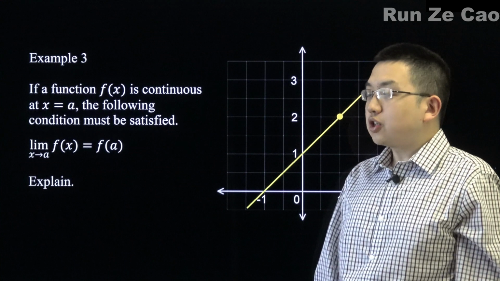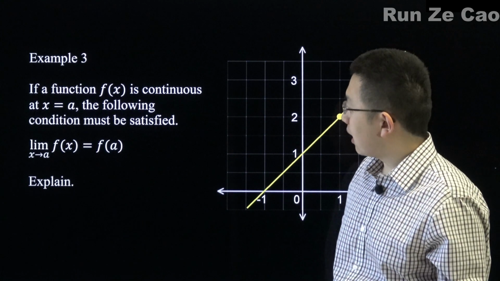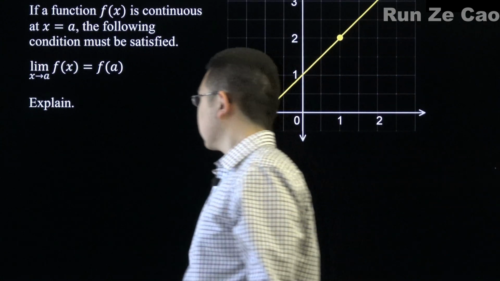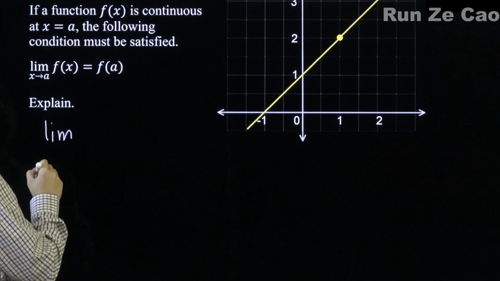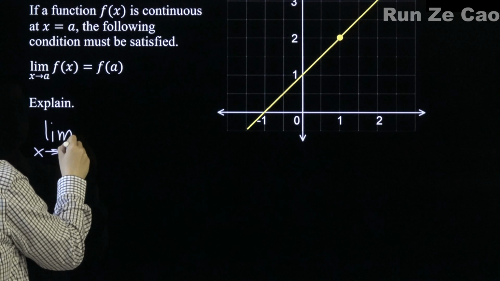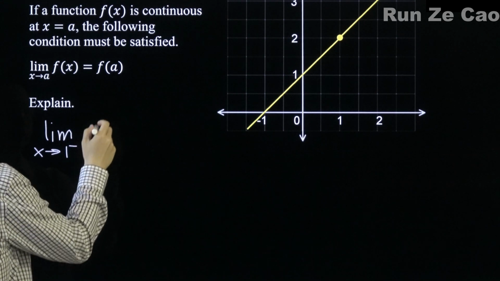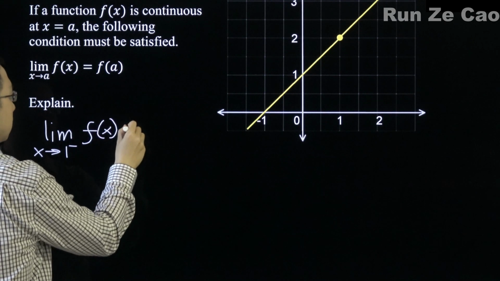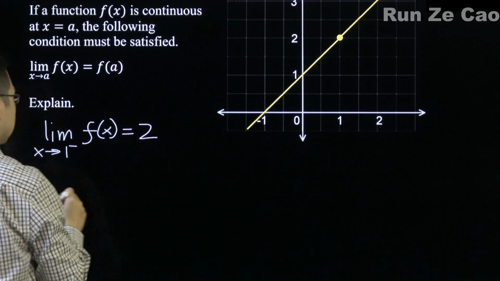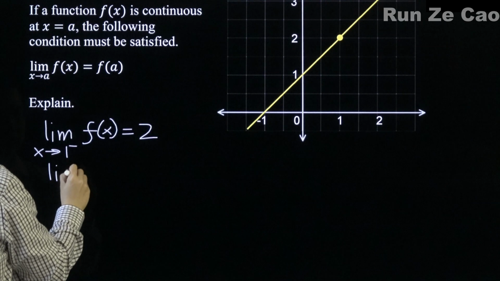So, how do we show that mathematically? Well, it looks pretty much exactly like what we were doing earlier. As x approaches 1 from the negative side, we get f of x is equal to 2. And what about from the positive side?